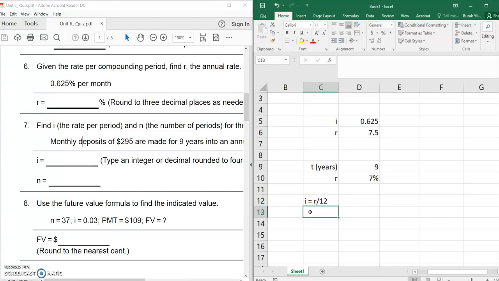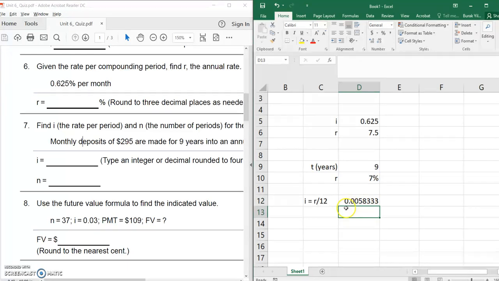So I would be R divided by 12 because the account compounds monthly. If they said the account compounds quarterly, we would divide R by 4 to figure out I. If it said the account compounds semi-annually, we would divide by 2, etc. So since it compounds monthly, we divide by 12.